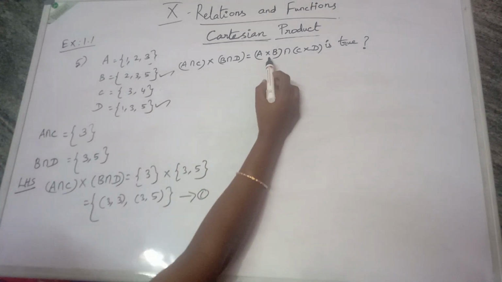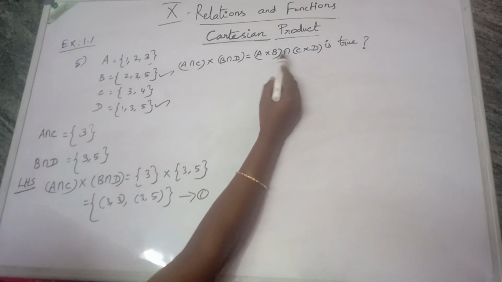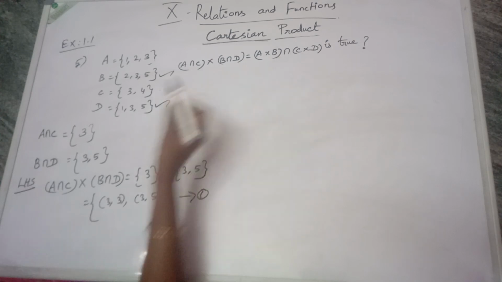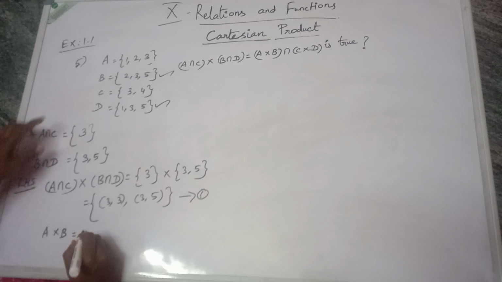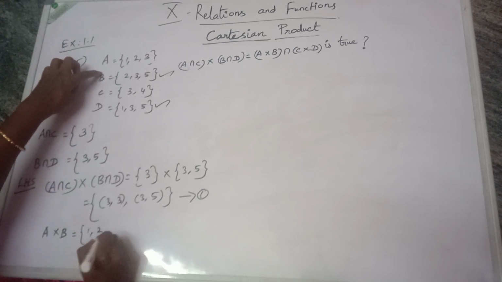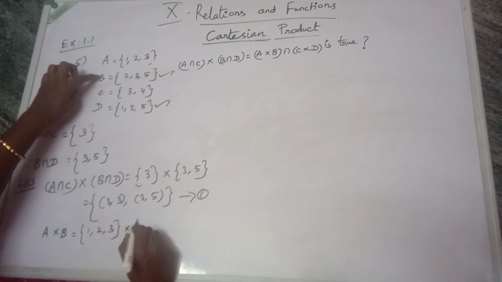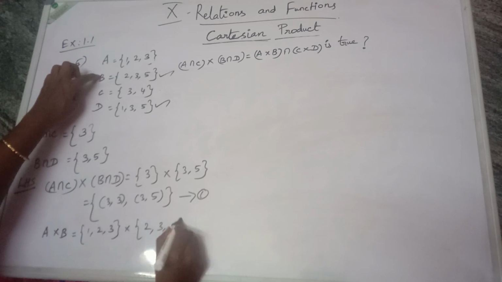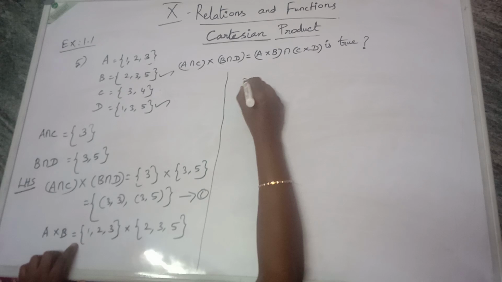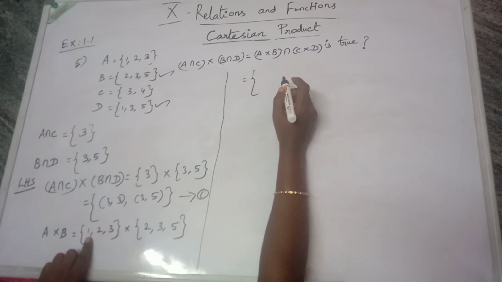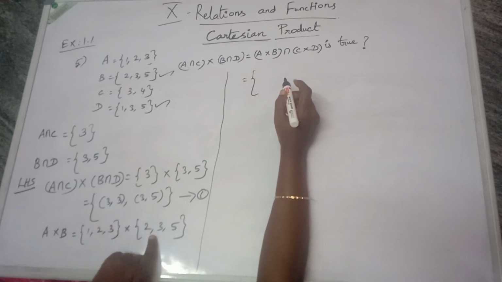Then on the right hand side, we have to find A cross B and C cross D, and after that find the intersection. So what is A cross B? A is 1, 2, 3, cross B, which is 2, 3, 5. Write the Cartesian product: take the first element and make ordered pairs with these 3.